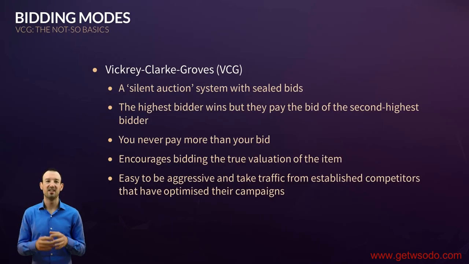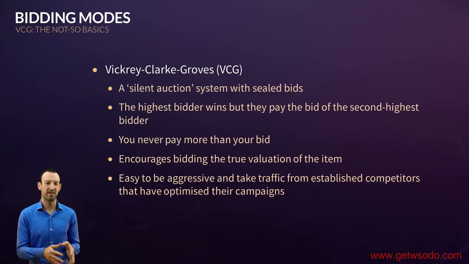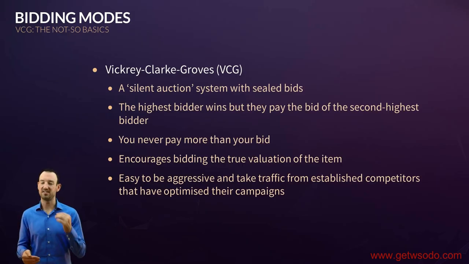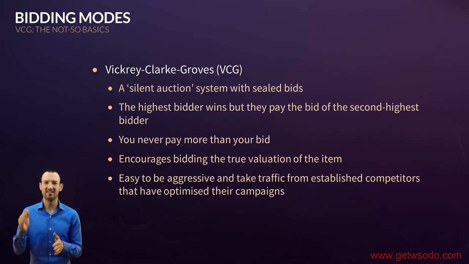With VCG, the highest bidder wins, but the actual amount they pay is that of the second highest bidder. So if I bid $1 and the second highest bidder bids 80 cents, I win and I pay 80 cents. So you never pay more than you bid. Conceivably you could pay almost exactly what you bid if two people bid 0.799 and someone bids 0.8. Anyway, that's beside the point.